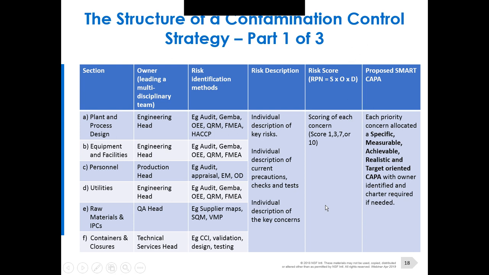So the way we recommend putting this document together is to have separate groups of people looking at each of these sections, identifying a set of methodologies, identifying a set of sources of information, and then describing each risk in each section, scoring it, and then ranking it so that you can then decide which of those key risks need to be properly mitigated.